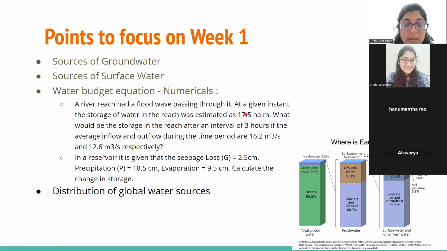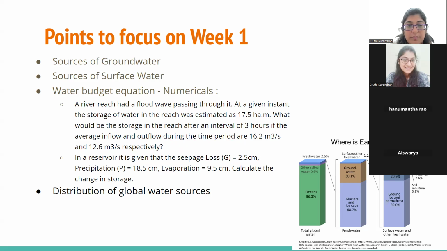Now here in this question, what they have said is initially the amount of water is this. Finally, what is going to be the amount of water? So the answer that you get by subtracting outflow from inflow should be equal to the final minus initial storage. So these are very typical problems that will come. Maximum that is going to happen is the value is going to change.